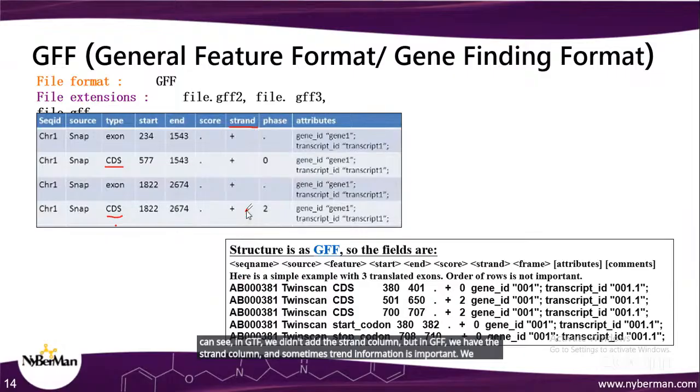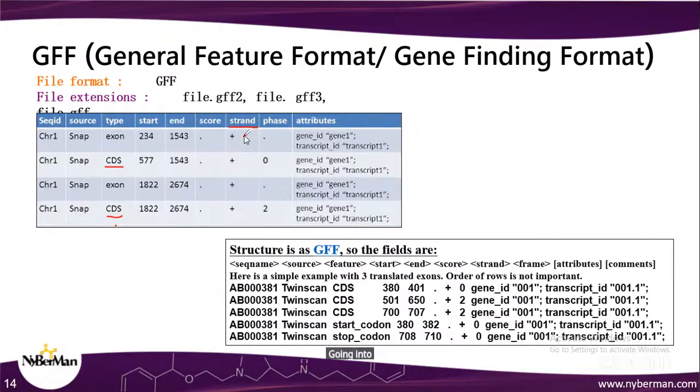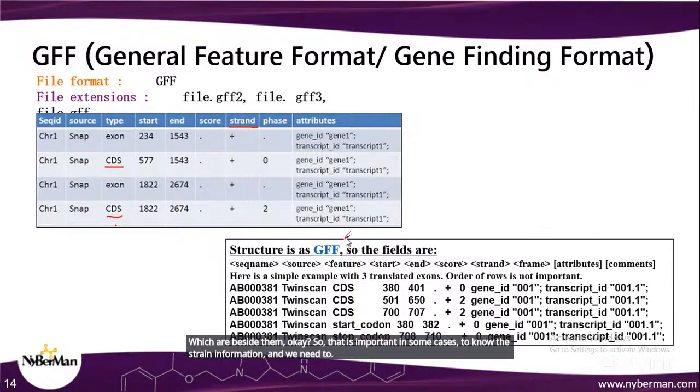We will see in the databases, when I show you on the web, what the strand actually is and why it is important to understand. When we know the strand information, whether the gene is going in the positive direction, 5 prime to 3 prime, or 3 prime to 5 prime, accordingly we can understand the direction of the gene and how it is going to impact the other genes beside it. So it is important in some cases to know the strand information, and we need to explore that.